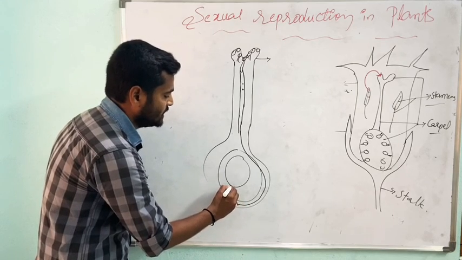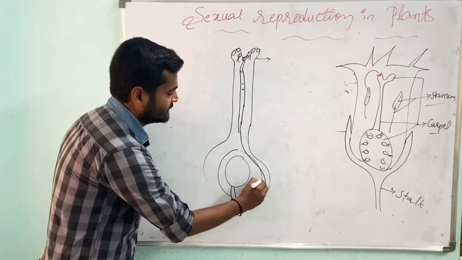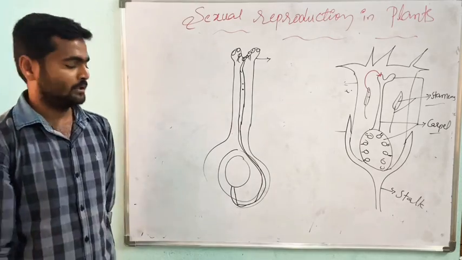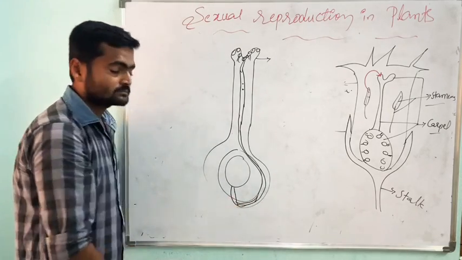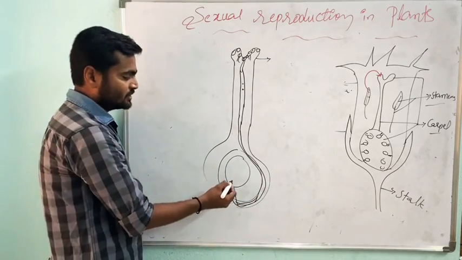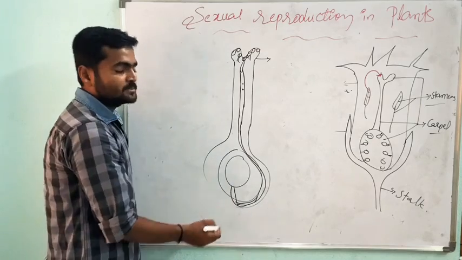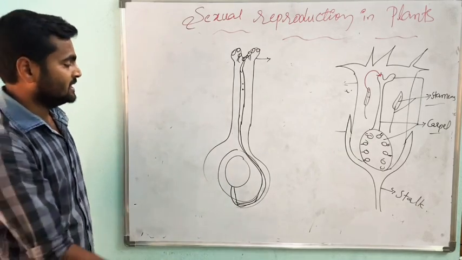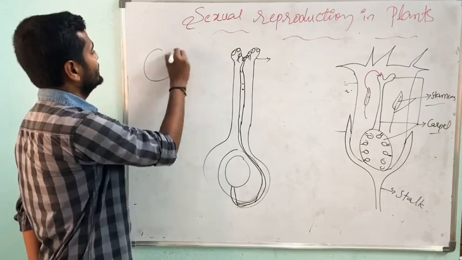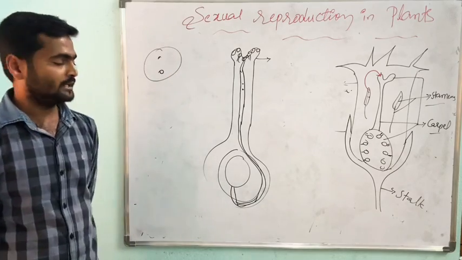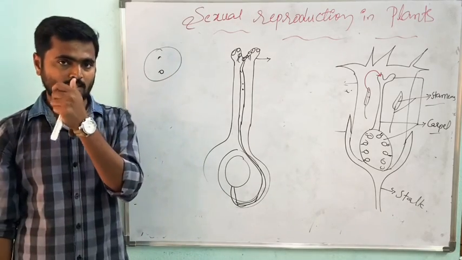Then they reach the embryo sac. Whenever they reach the embryo sac, the pollen tube ruptures and releases the two male nuclei into the embryo sac.